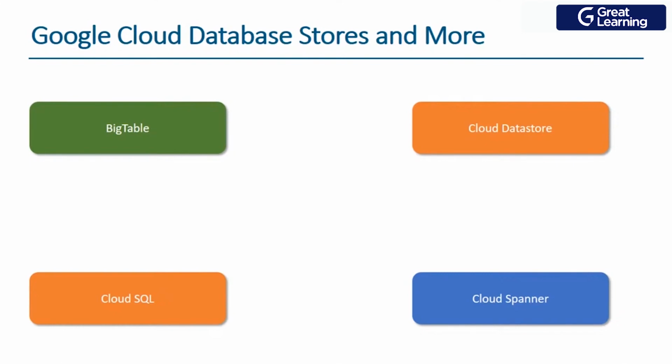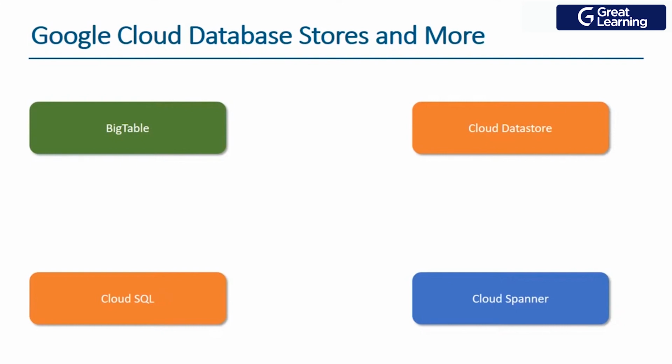Your Bigtable and Cloud Datastore basically let you store your data in SQL and NoSQL manner as well. Bigtable in specific is more useful when you are dealing with data for analytics purposes, whereas Cloud Datastore lets you store data that deals with applications, mobile applications and stuff like that. Apart from that, we have other storages that focus on your SQL kind of data.